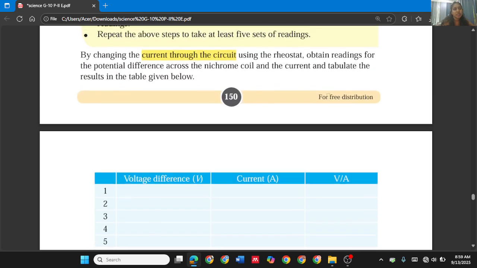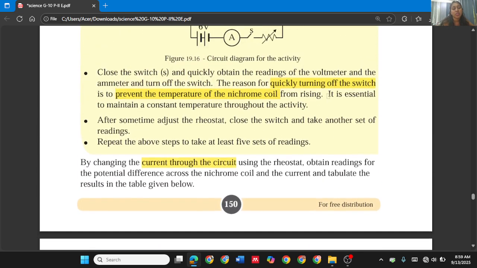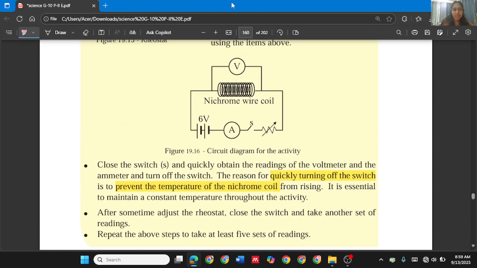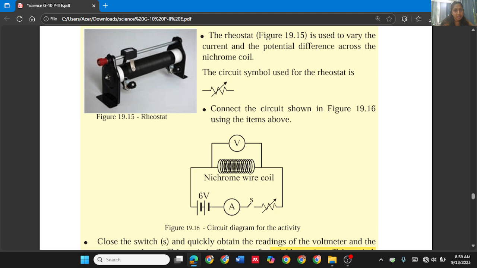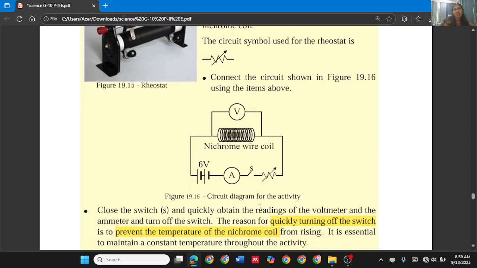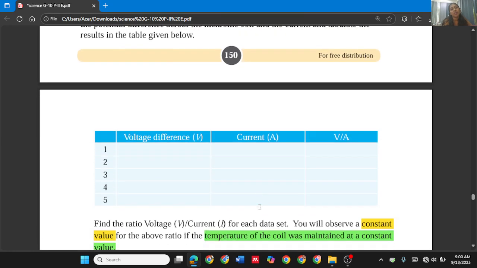Even though we change the current going through the circuit by changing this rheostat, moving this one here and there, we obtain different voltmeter values and also different ammeter values, but the ratio between them is always similar.